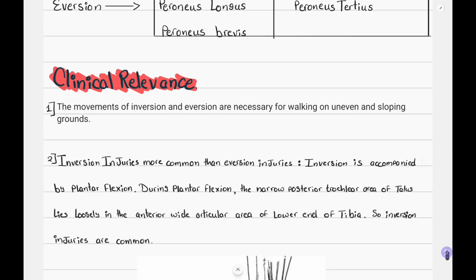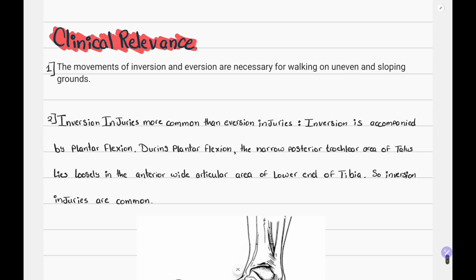Now coming to the clinical relevance. The movements of inversion and eversion are necessary for walking on uneven and sloping grounds. This I have covered already, that the movements of inversion and eversion help in gripping the foot on uneven surfaces.